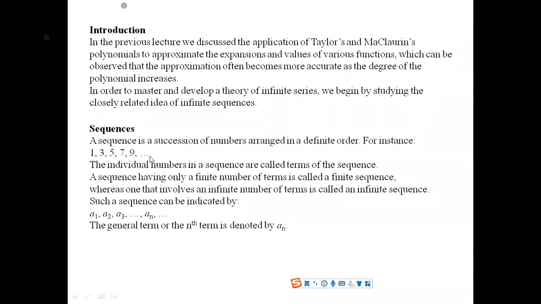The 3 dots at the end indicate that this sequence goes on and on infinitely. The individual numbers in a sequence are called terms of the sequence. A sequence having only a finite number of terms is called a finite sequence, whereas one that involves an infinite number of terms is called an infinite sequence.